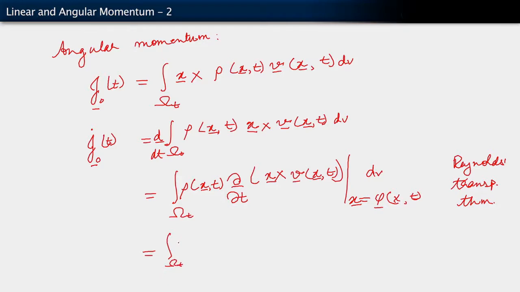We have rho just comes along. Now that time derivative gives us two terms. The first is going to be the time derivative of x, but that's just the velocity. So we have x dot, which I will straight away say is just the spatial velocity crossed with v, plus x cross the material time derivative of the velocity. But then we saw, and we invoked the condition on the previous slide, that this is just the spatial acceleration.